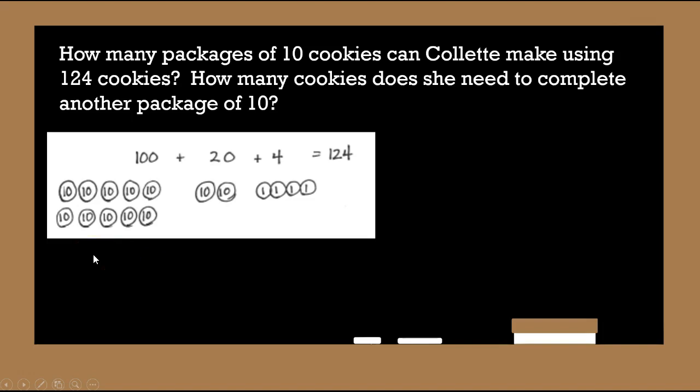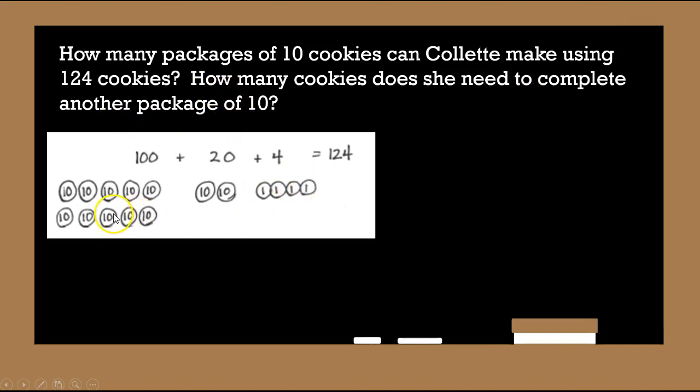And then I drew out the tens down here because we're looking for a package of 10 cookies. I drew out 10 tens because 10 tens make 100. And then I drew 2 more tens here because there's 2 tens in 20. And then I made my 4 ones here because I'll need that to solve my second part.